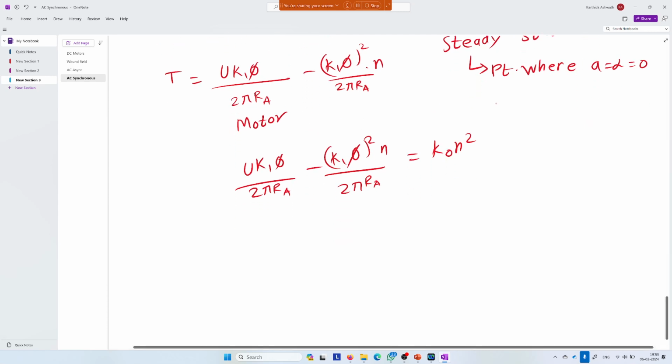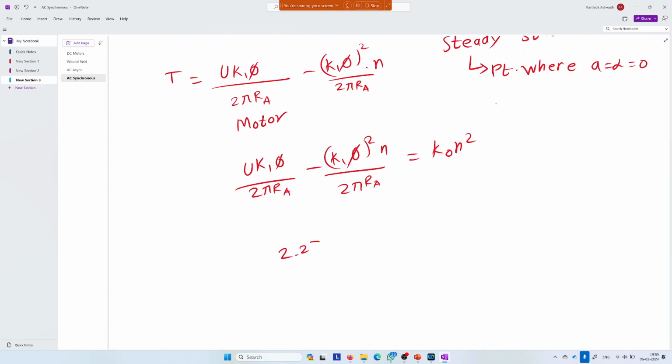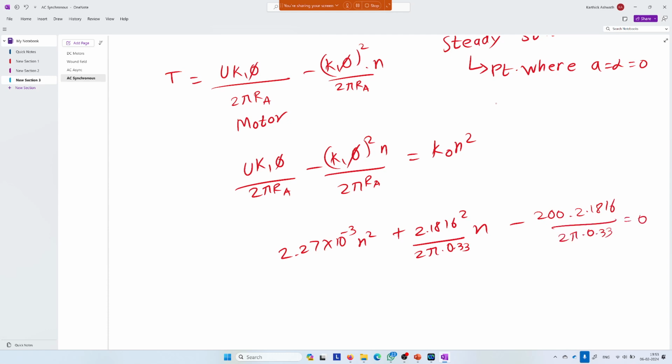So if I rearrange and substitute the values, I get 2.27 into 10 power minus 3 n square plus 2.1816 square divided by 2 pi into 0.33 n minus 200 into 2.1816 divided by 2 pi times 0.33 equal to 0.